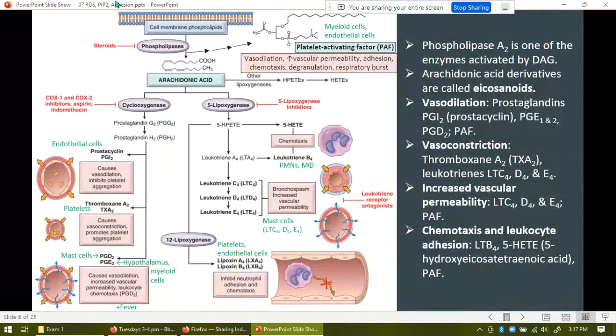All right, so this is a figure from Pathologic Basis of Disease. I would not consider this to be very important material, but this just shows you all of the different eicosanoids. It's very complicated. So you can see that phospholipase A2 is going to cleave arachidonic acid from the cell membrane phospholipids, and then depending on the cell type, arachidonic acid is catalytically changed into all of these different eicosanoid molecules.